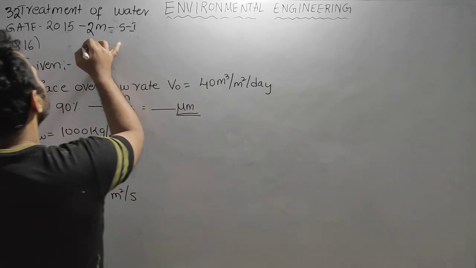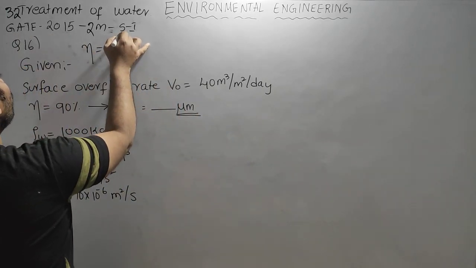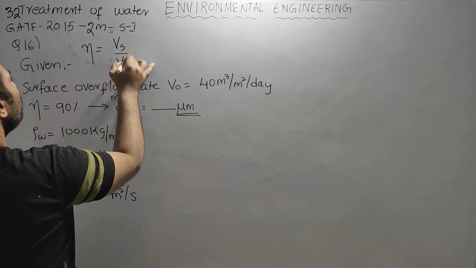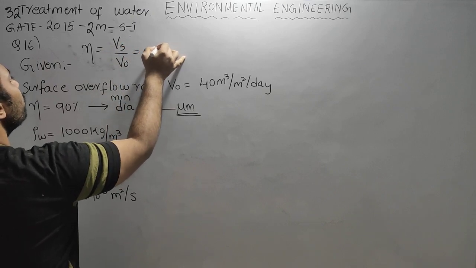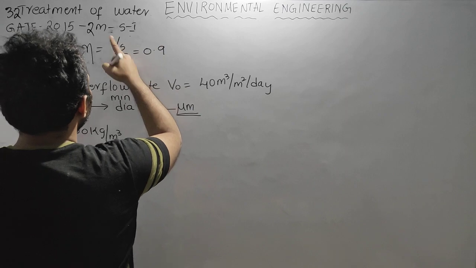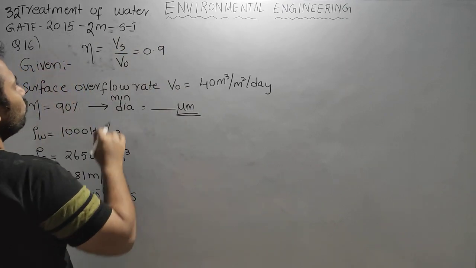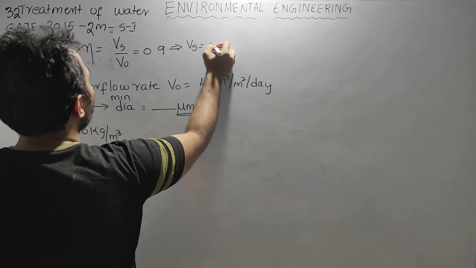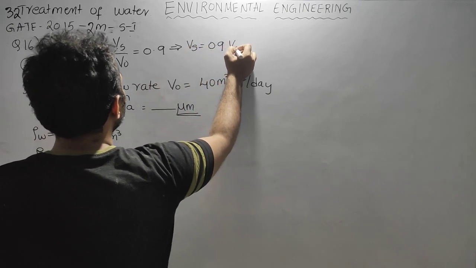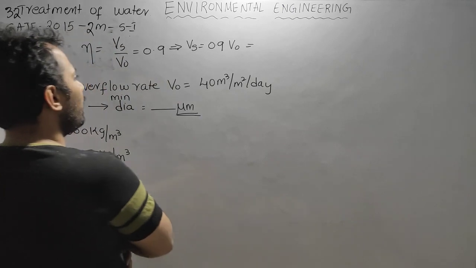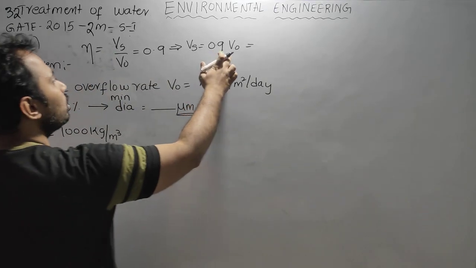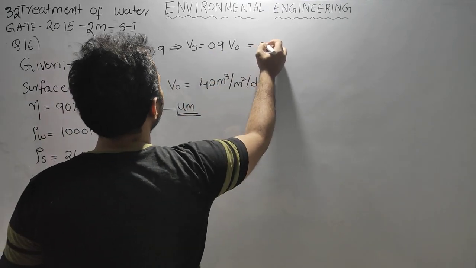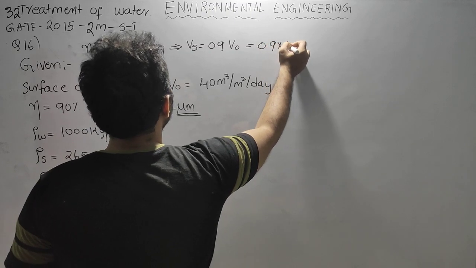So efficiency is given as Vs by V0, which is equal to 0.9. Okay, so let us first find Vs. So Vs is equal to 0.9 times of V0. So what is V0? This is V0. So 0.9 times of 40.